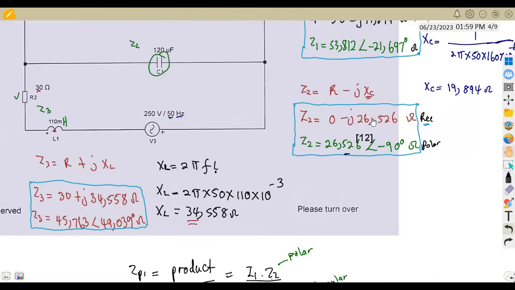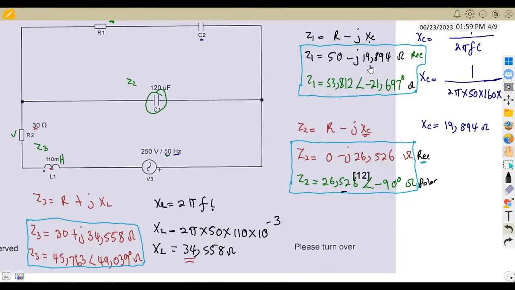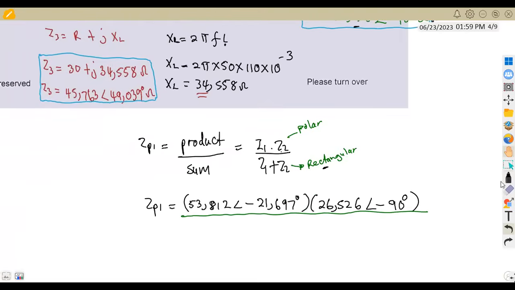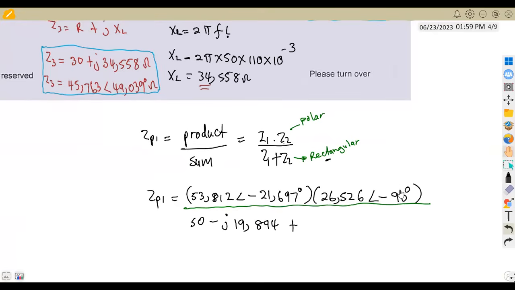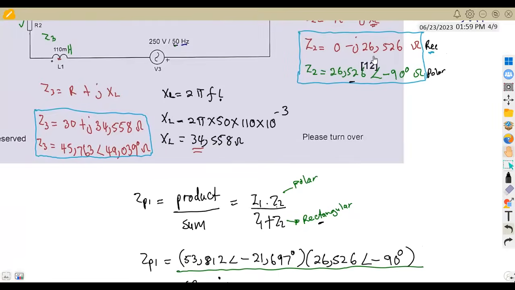This is your Z1 in rectangular form, 50 minus J19.894, plus Z2 in rectangular form, which is 0 minus J26.526.